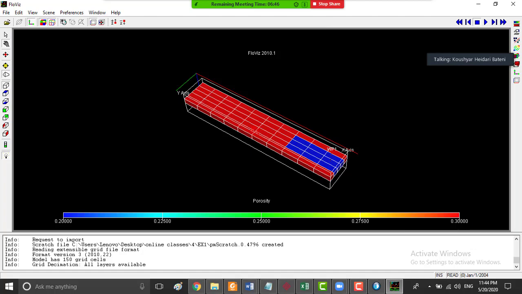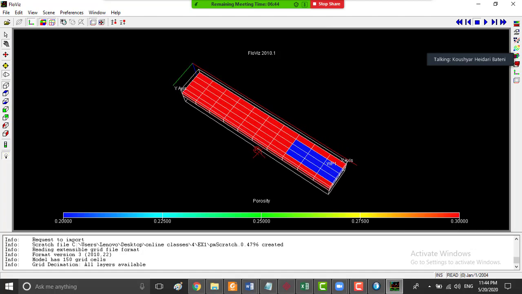Now guys, please pay very close attention to the screen. This is what we have in our second layer. These first 10 cells in the second layer belong to the high porosity region.